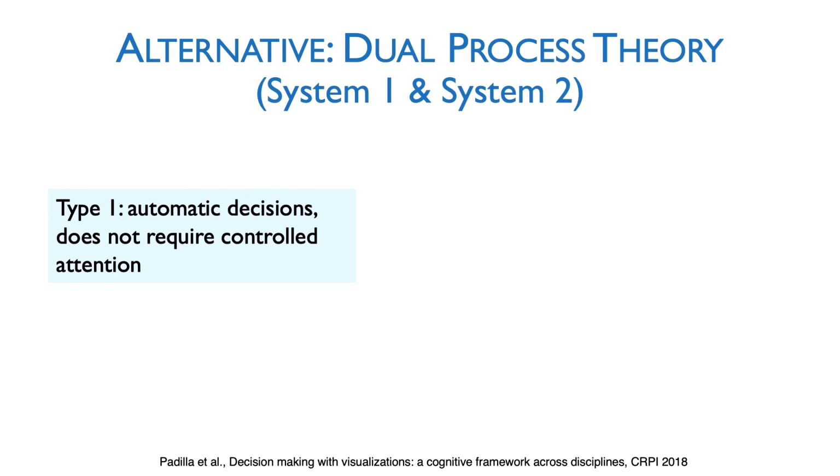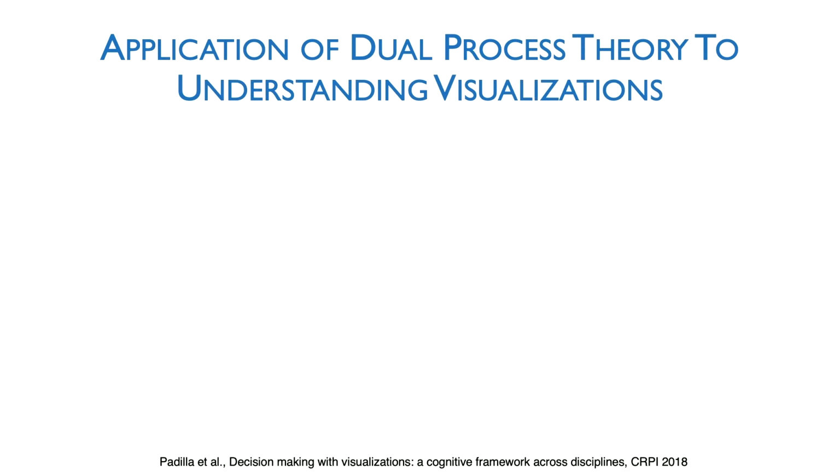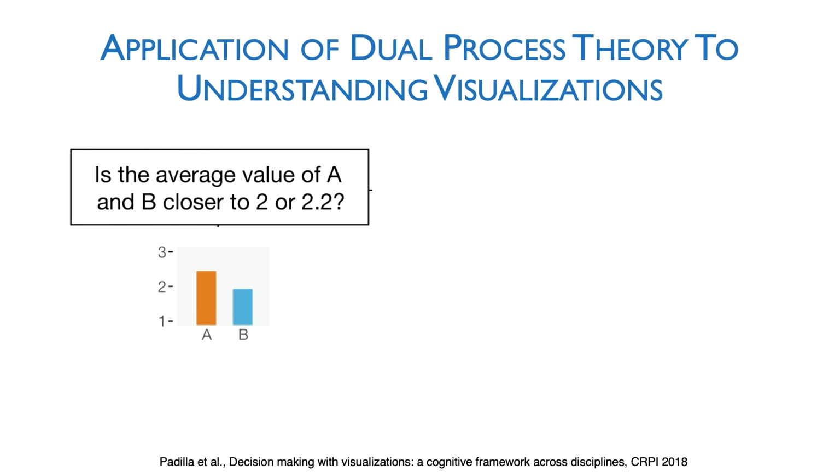I'm sure everyone's heard of this. It's in the popular literature and so on. And Type 2 is contemplative and effortful, uses significant working memory and cognitive control. So it's kind of the automatic thinking versus the fast, emotional thing, or the perceptually biased versus the thoughtful, top-down sort of thinking. And what she's done is she's applied this to understanding visualizations by incorporating it into Pinker's theory.